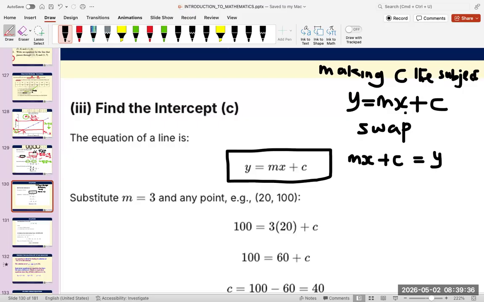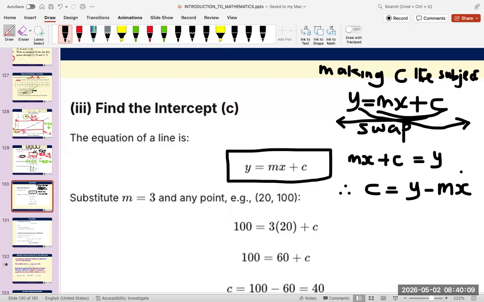So swapping means bring everything here to the left and then bring everything here to the right. That's what I've done because I want the C to be on the left. So this will have to move because it's C I'm looking for. So therefore, C will be equal to Y minus mx like this.